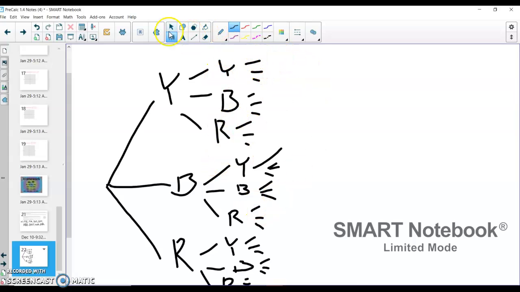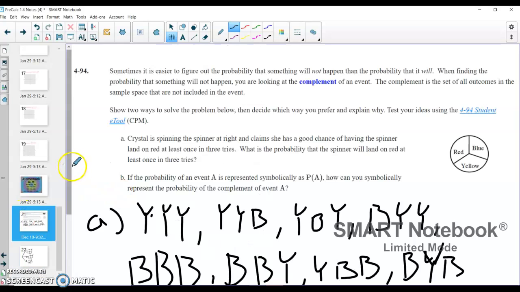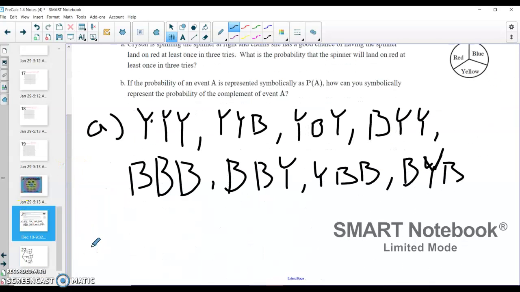I count 1, 2, 3, all the way up to 27. So there are 27 possible outcomes, and 8 of those outcomes do not have a red.